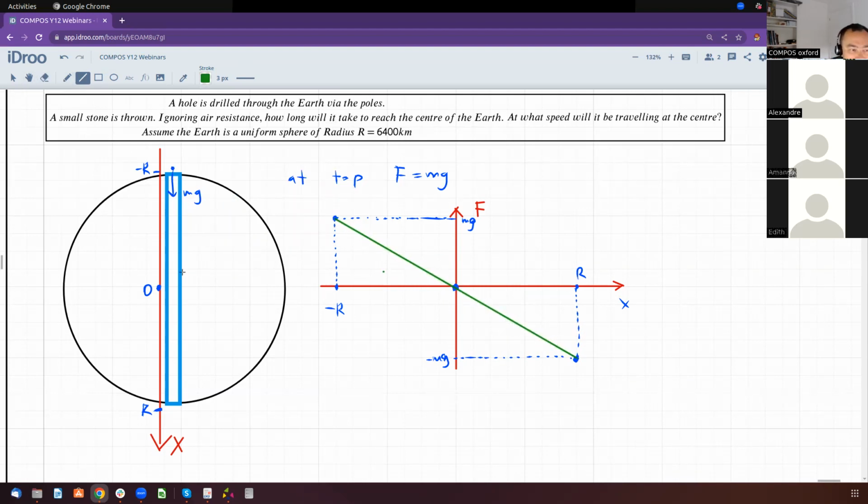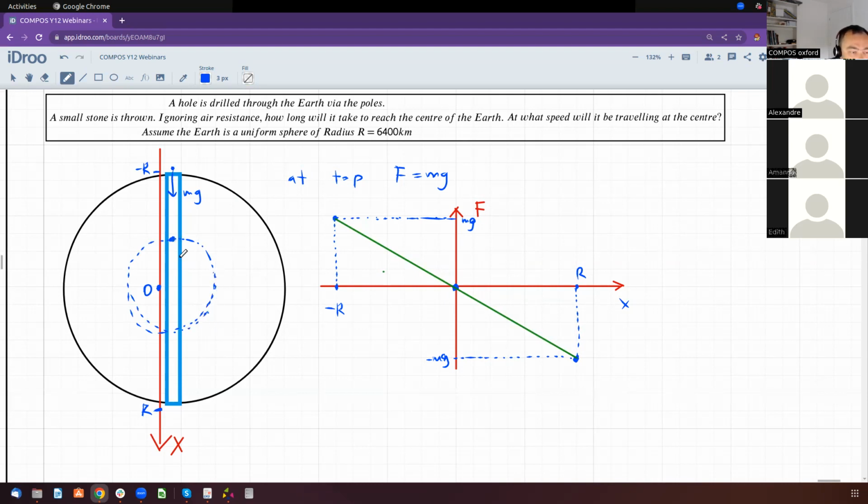But it makes perfect sense. Say you are here. It turns out that you're being attracted by this part of the earth. This part of the earth pulls you down.